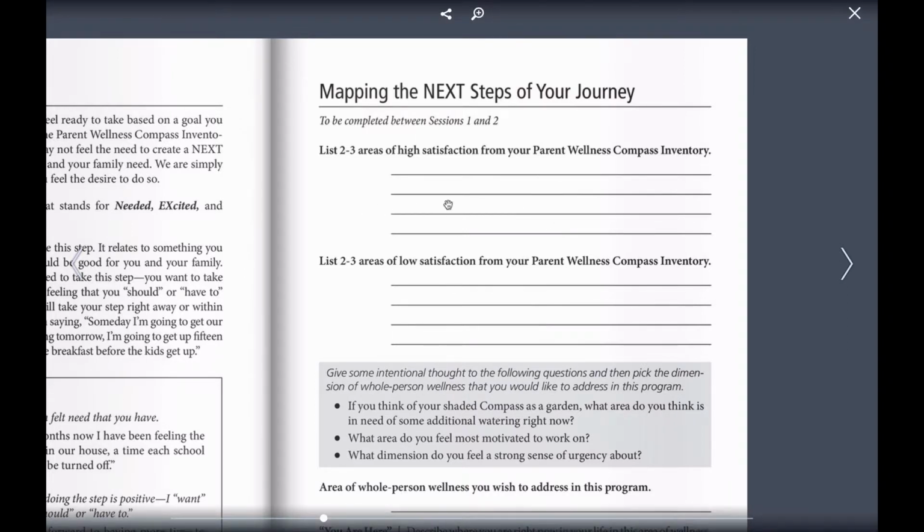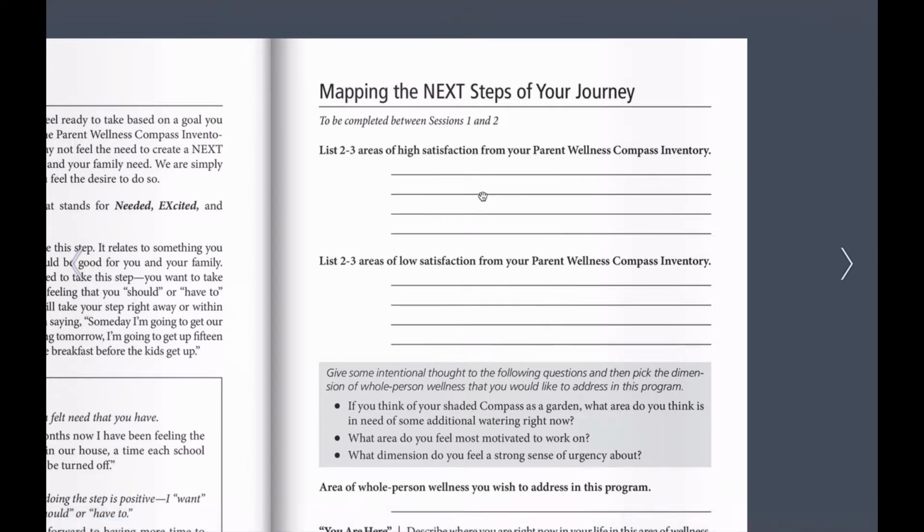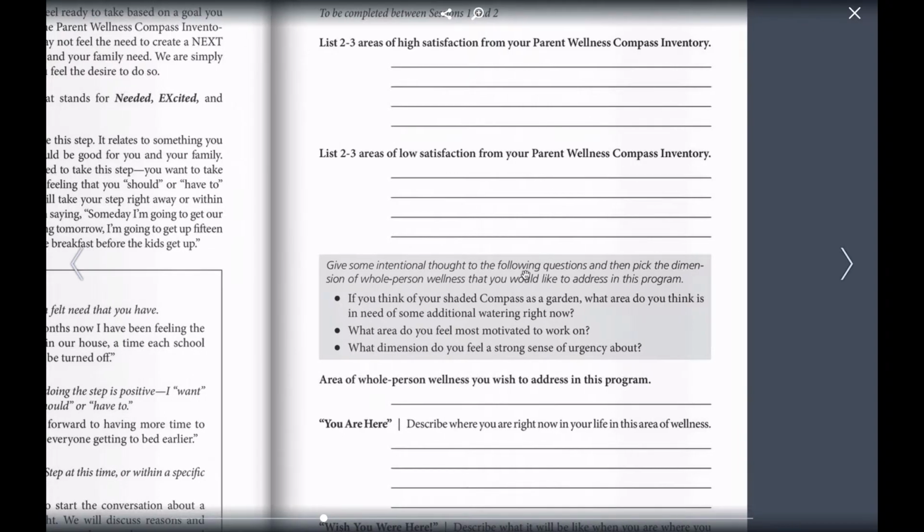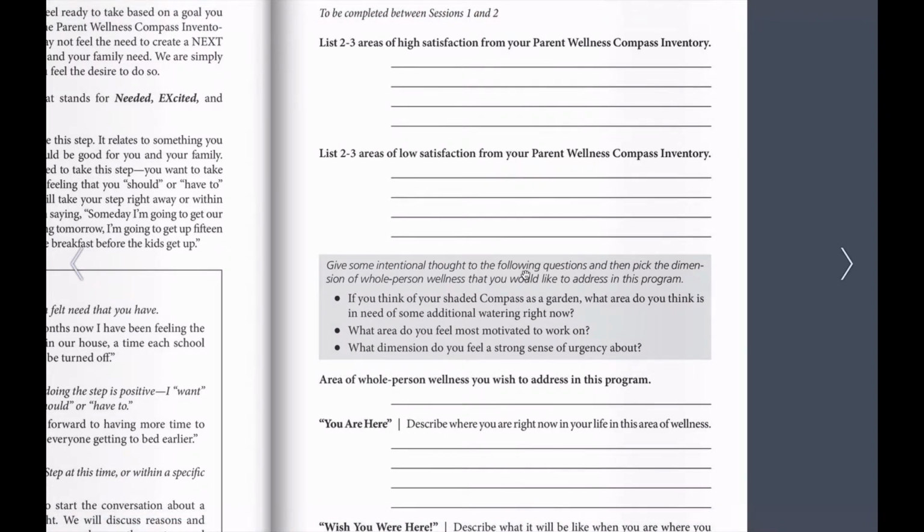So the first thing they do is write down 2 or 3 areas of high satisfaction from their parent wellness compass inventory, areas that are well watered, then areas of lower satisfaction. I think we use the garden image right here. And then based on that, what's one area you want to address between session 1 and session 2?